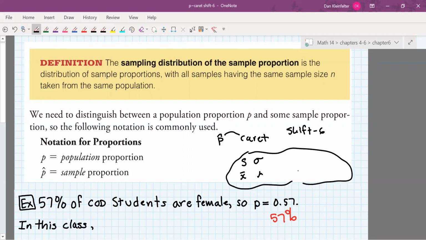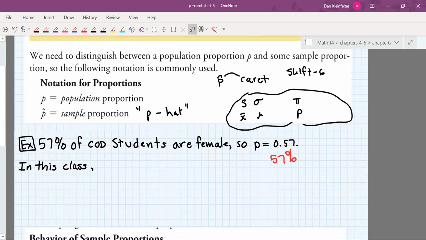We wouldn't want to go around with p for the sample and pi for the population, just because pi has so much baggage in math having to do with circumferences of circles, that we don't want to start using pi for something else. So for that reason, our scheme of having Greek letters for population is different here. For a population proportion, it's going to be a p. For a sample proportion, it's p with a little hat on top. And so we'd say this as p hat. That's the sample proportion.